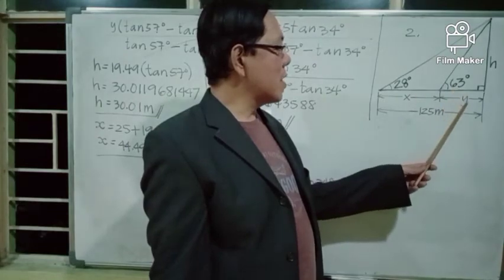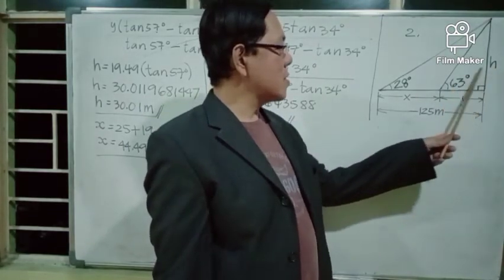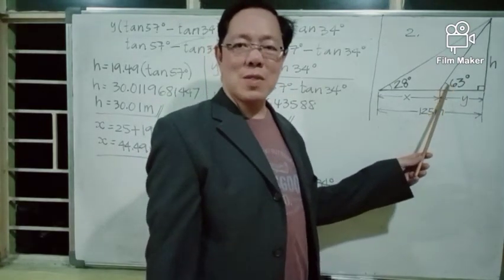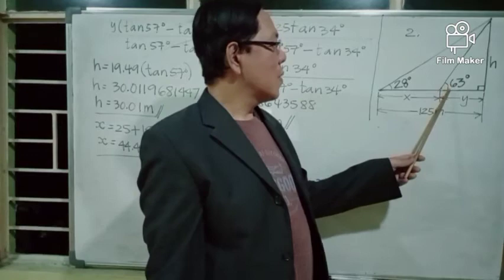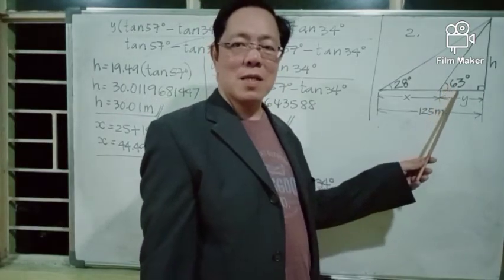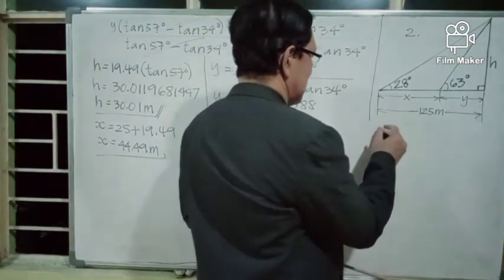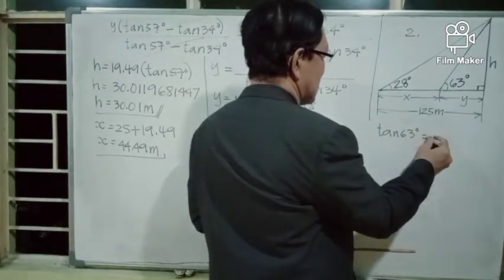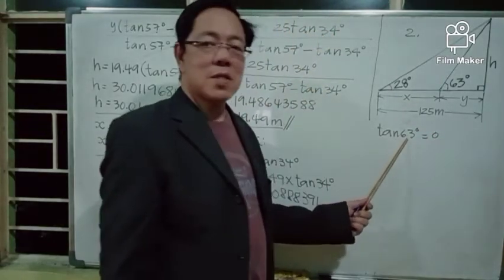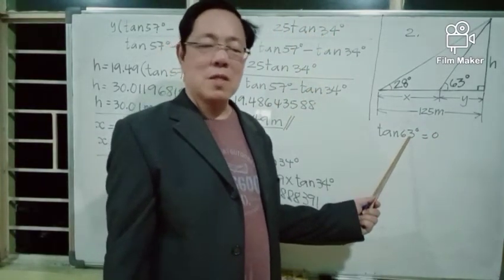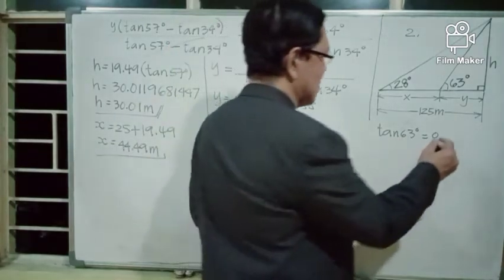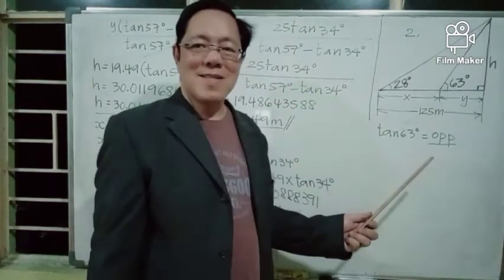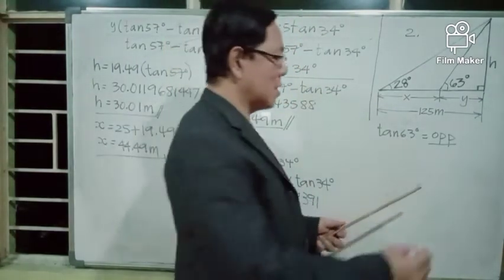Since the unknown variables are the side opposite 63 and the side adjacent to 63, we use the tangent function. Tangent of 63 degrees is equal to the side opposite 63 divided by the side adjacent to 63 degrees.